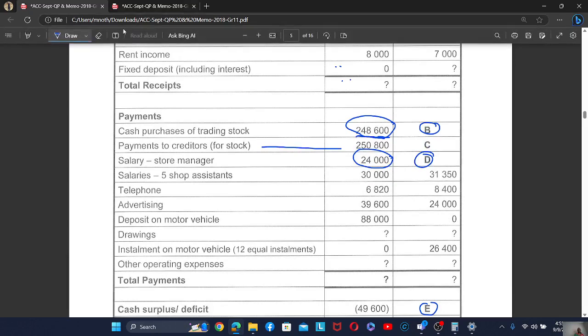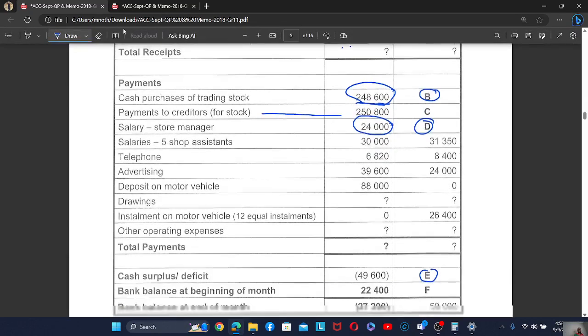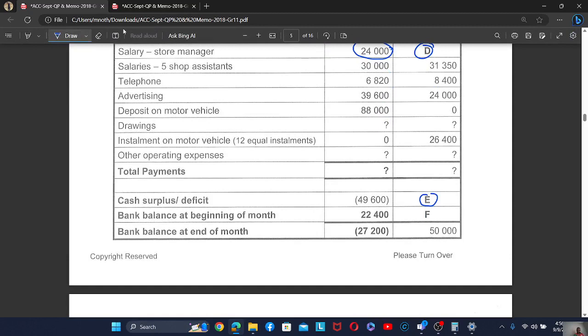Okay, but then if you can come here, let's come here. You can see that for October, the balance at the end is 27,200, right? Meaning that this balance at the end in October is going to be the opening balance in November. So this is going to be the balance at the beginning here in November, this 27,200.